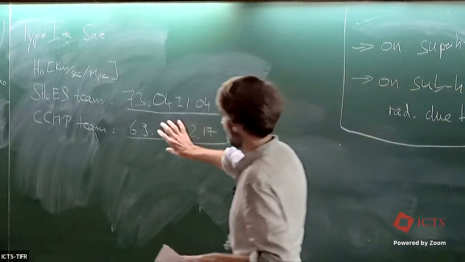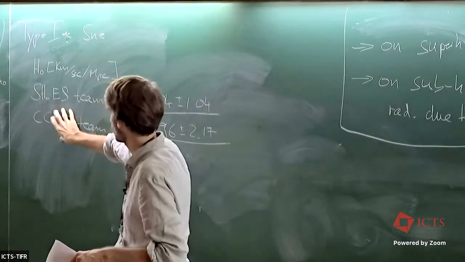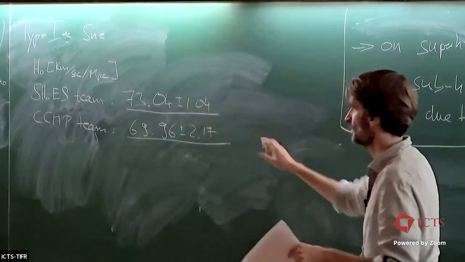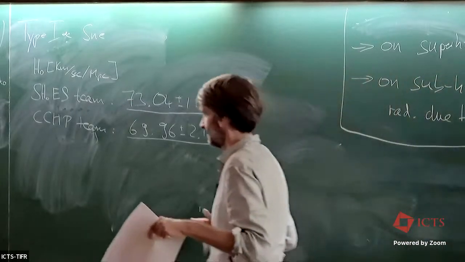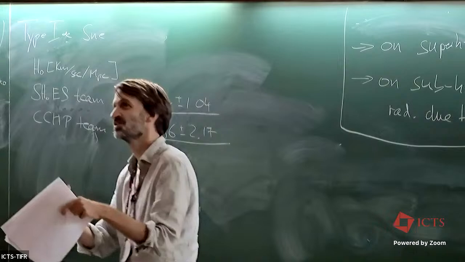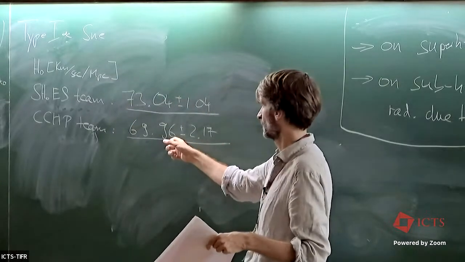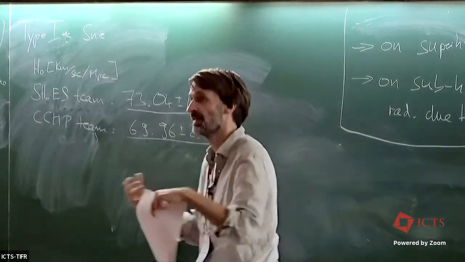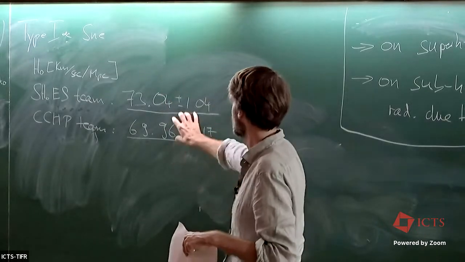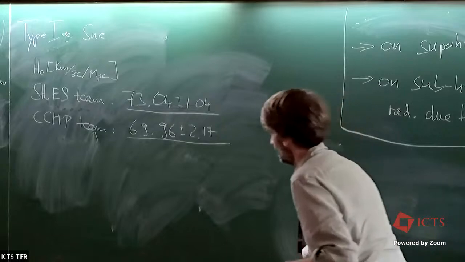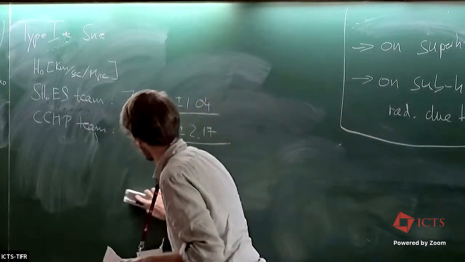But the interesting thing is that there's progress on this side, because this team is using new data from the James Webb Space Telescope, and they still have relatively small data sets to get to this value, and they are accumulating more data. So this should improve over time.